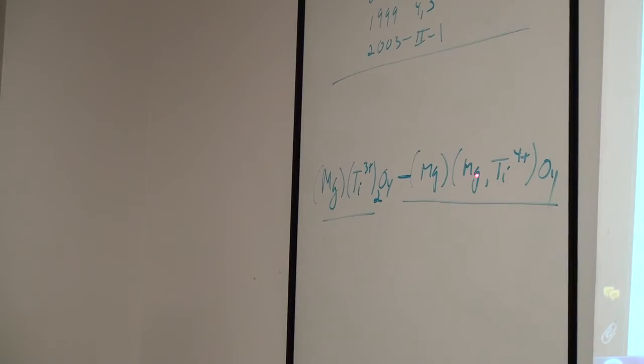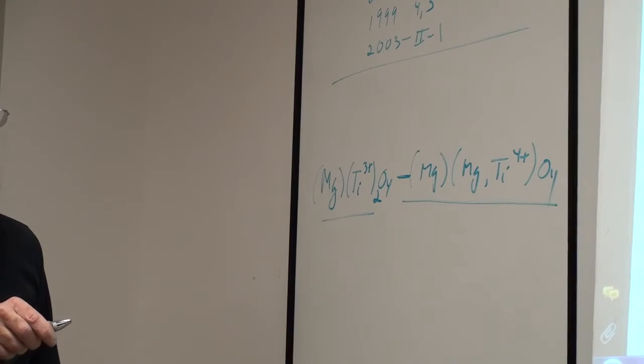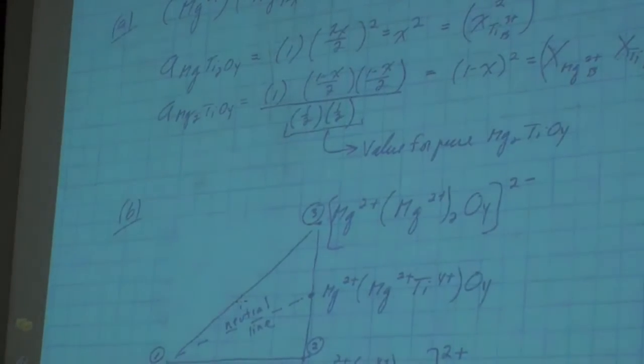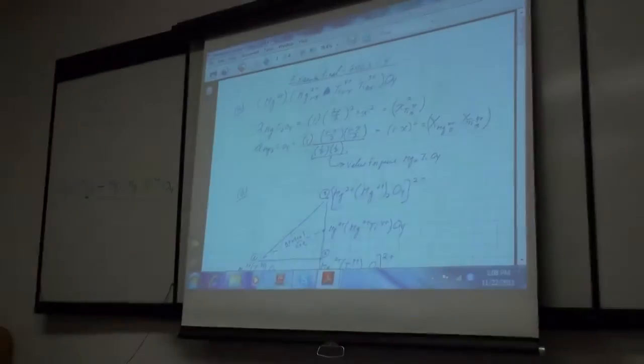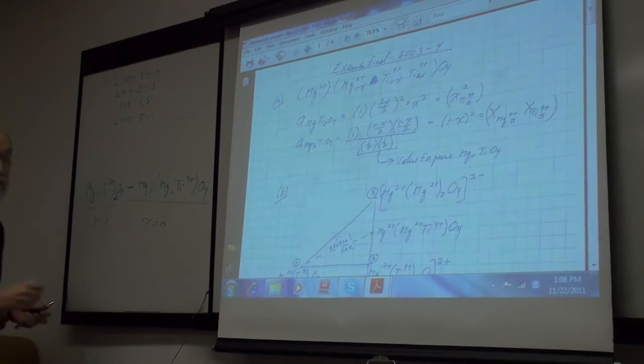When you have pure Mg2TiO4, when there's no titanium 3 plus, its activity has to be 1 by definition. But if you take it to be this expression, even when x is 0, this would be 1/2, 1/2. x is the amount of what? x is the amount of this. Here you have x equals 1, here you have x equals 0.